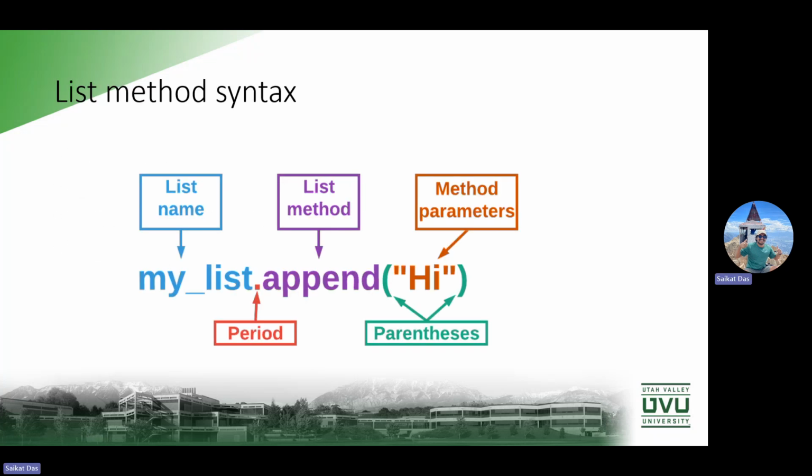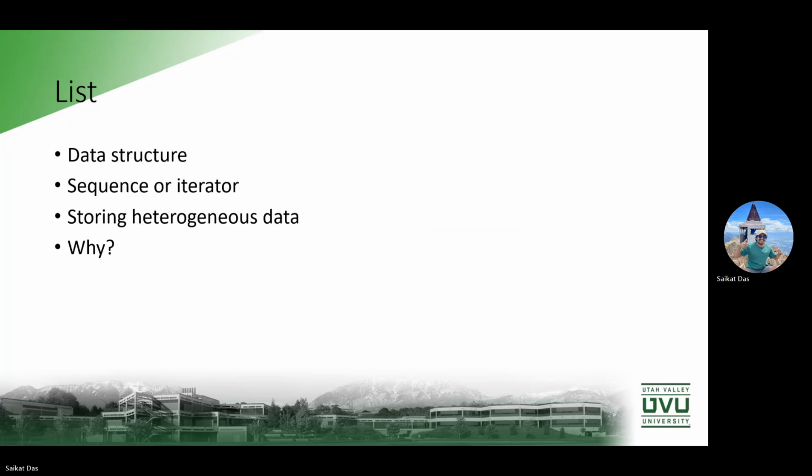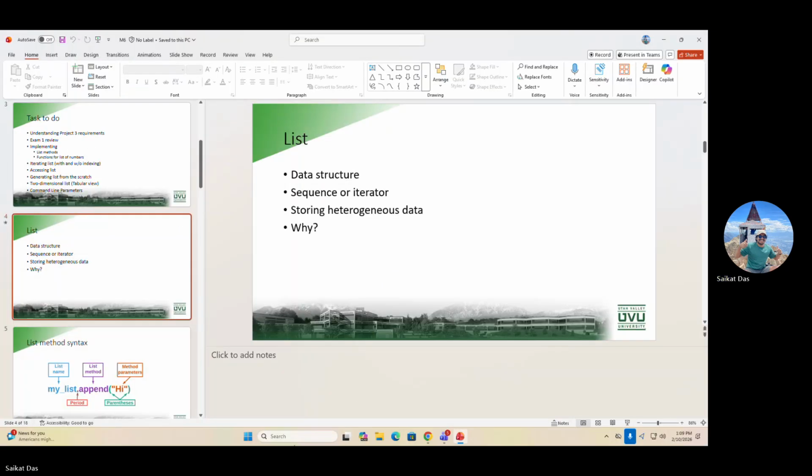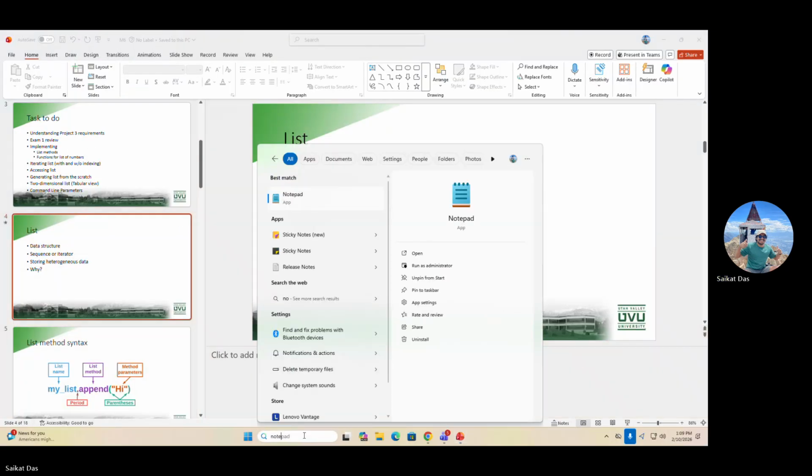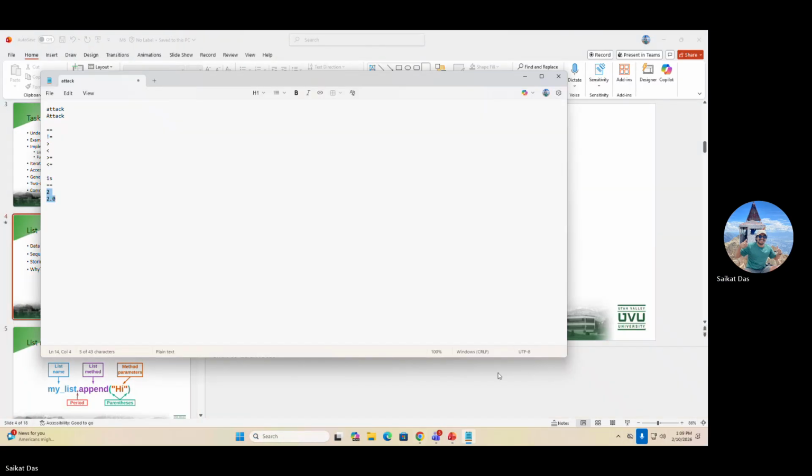Okay, not this one. What I'd like to go through is how we can write a list. Let me go to a notepad. I have different data, for example, this is the student, not me.